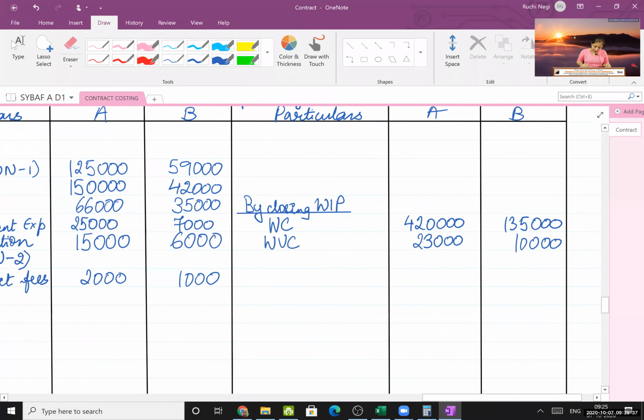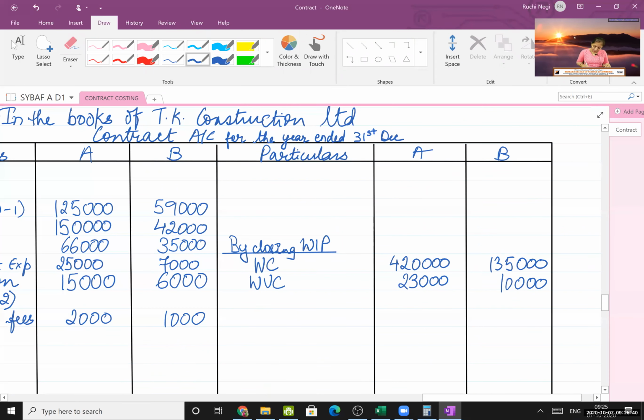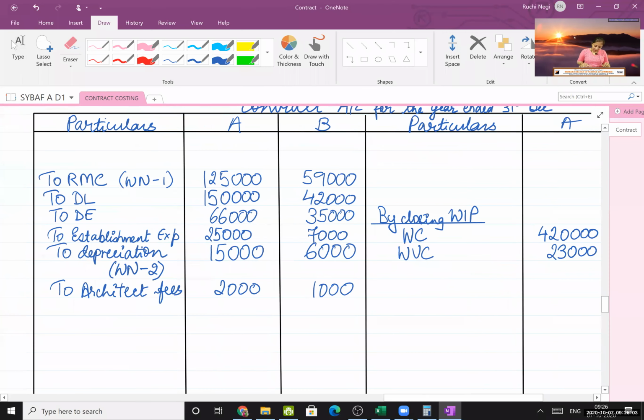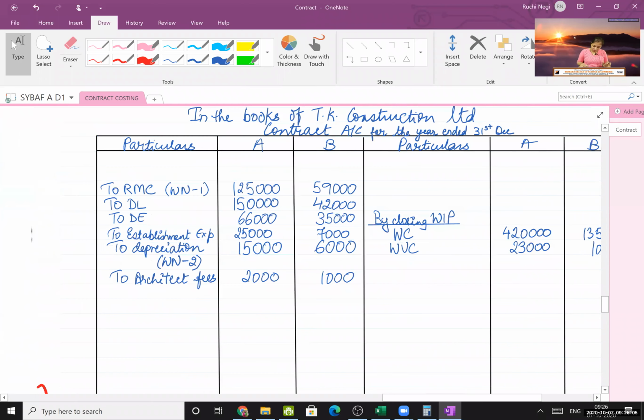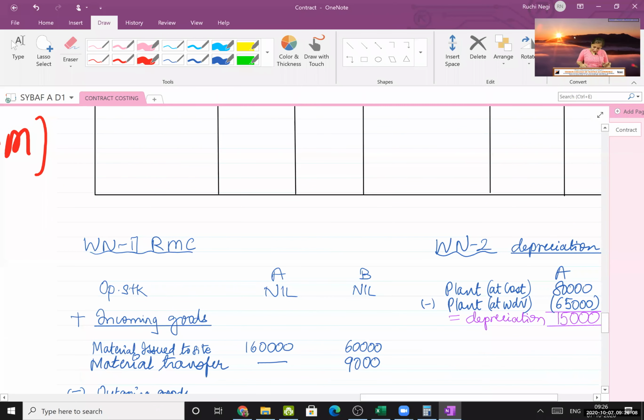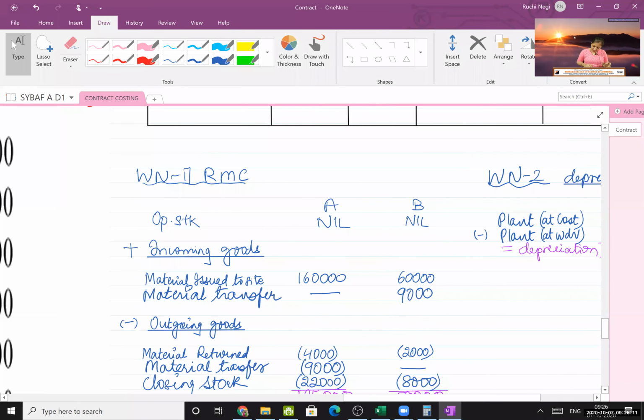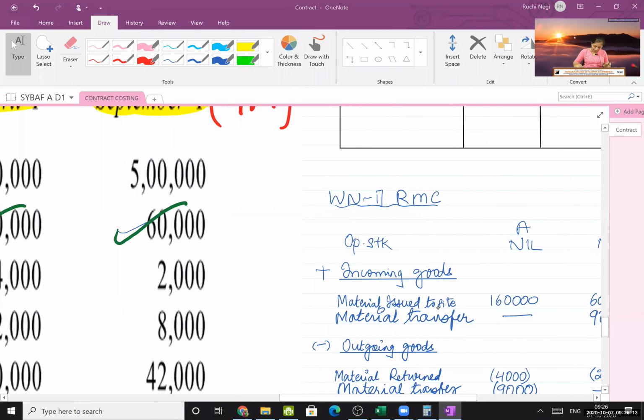Next, closing WIP recorded on the credit side. Work certified, work uncertified is a combination of closing WIP. 4 lakh 20, 1 lakh 35, 23, and 10,000. So that's it. My 2 working notes are done. No other information is there.